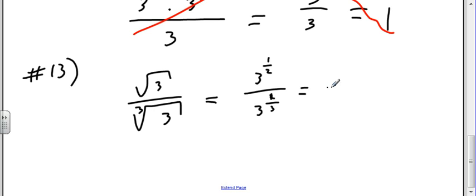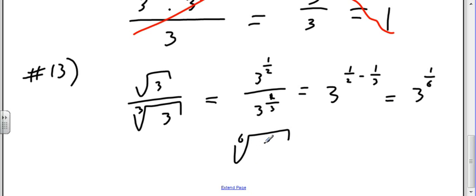So that'd be 3 to the 1/2 minus 1/3, which would be 3 to the 1/6, which would be the 6th root of 3. Which is 1.2.